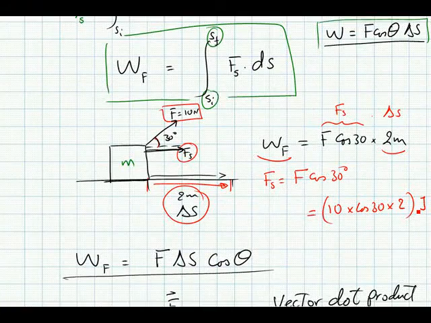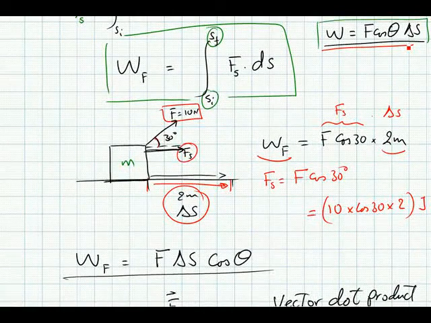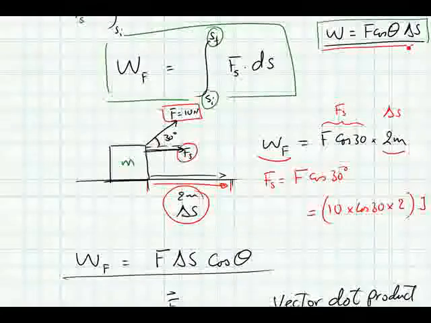Alright, so that's the work done by a force. Now, you can use this expression of F cosine theta delta s if you have a constant force, but if the force is not constant, then you have to resort to integration forms.